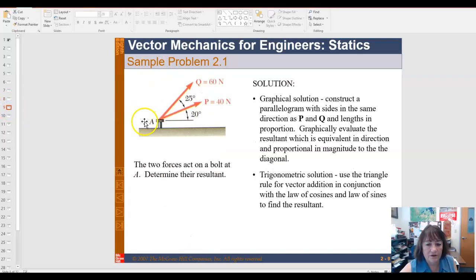So the first part is, if you have 2 vectors here, P and Q, the idea is that the resultant, or the vector sum of P and Q, which we call R for resultant, has the same effect on point A as if we have 2 forces. So we can have 2 forces, P and Q, or we could apply one single force, R, which is the vector sum of P and Q, and that would have the same effect.